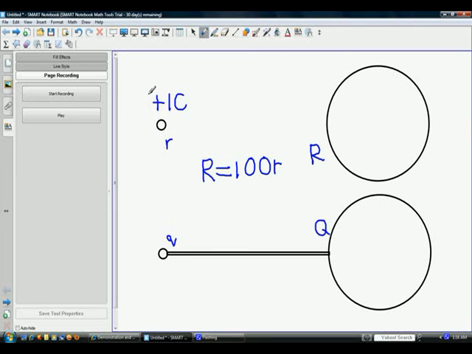Now what happens to this +1 coulomb charge when the two spheres are connected? Let the charges after being connected be small q and capital Q. Now let's see this in terms of electric potential.